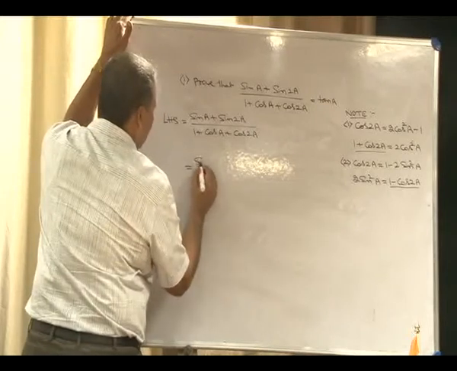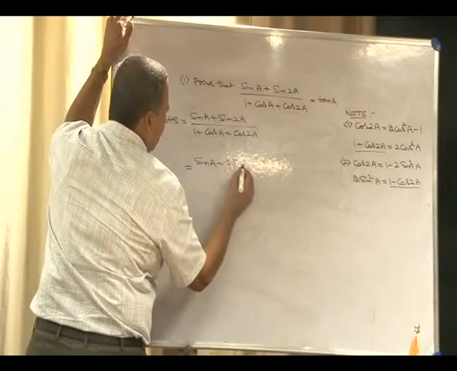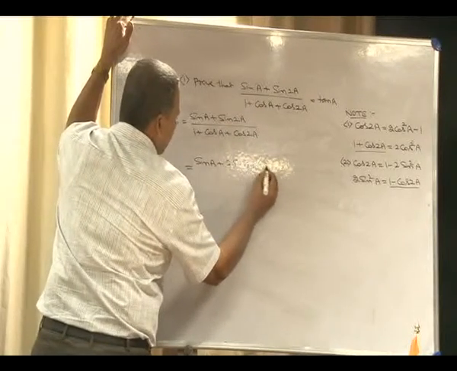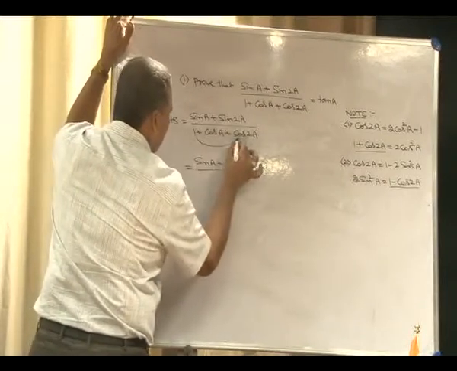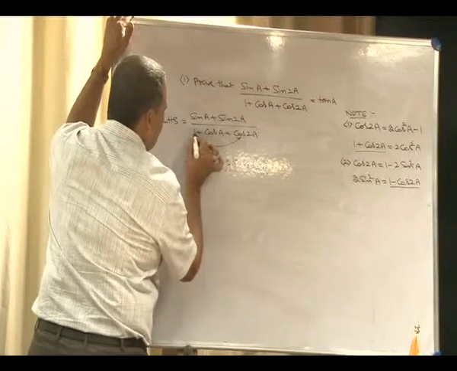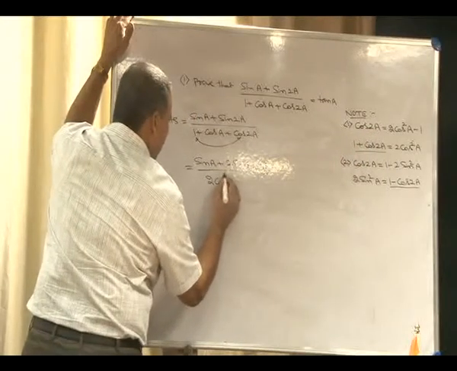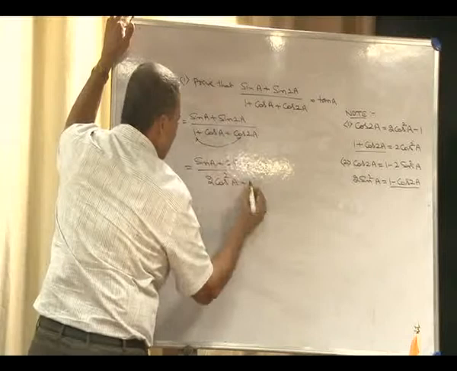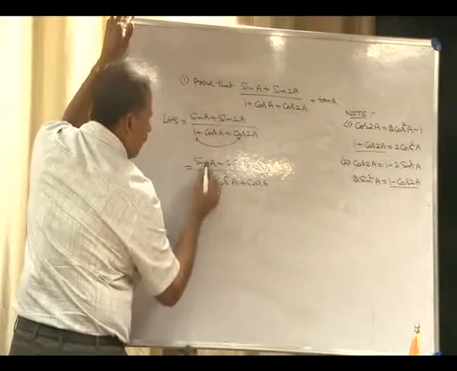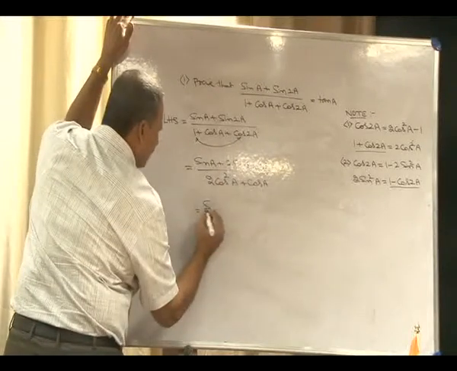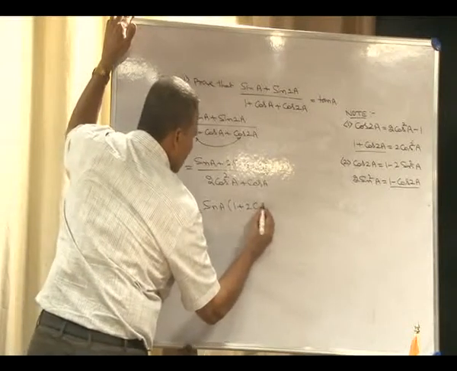Sin 2A is 2 sin A cos A in the numerator, and in the denominator 1 plus cos 2A is 2 cos square A, plus this cos A. In the numerator, the common factor is sin A into (1 plus 2 cos A).